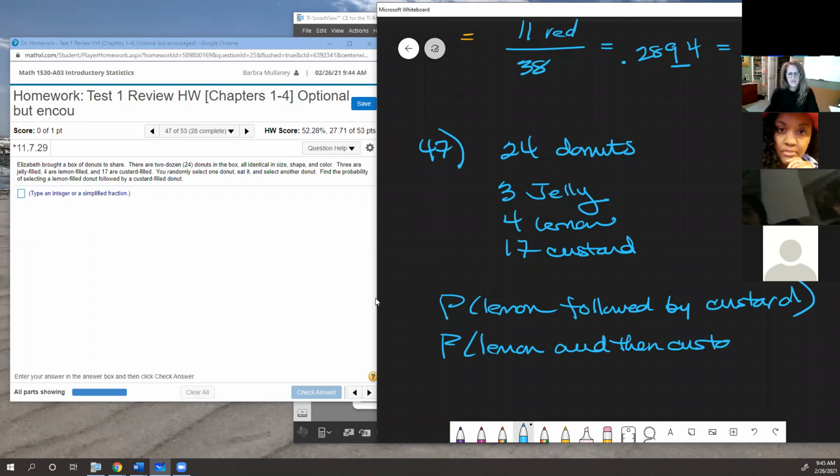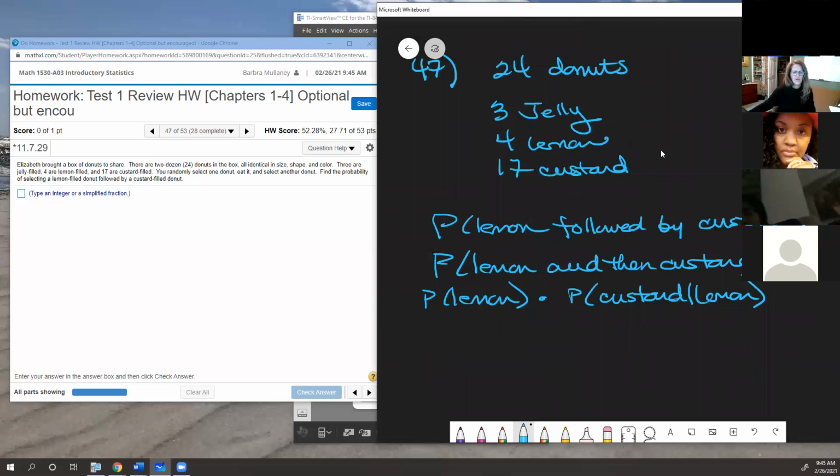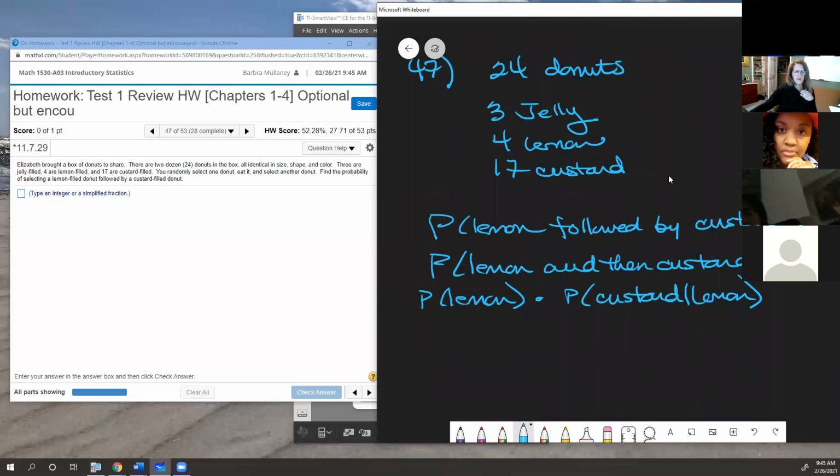This is implying that we use the multiplication rule. All right, so we're going to take the probability of lemon times the probability of getting a custard given you already picked a lemon, because that replacement part is kind of important. The fact that you ate the first one and didn't replace it means you're going to have a new total for the second probability.